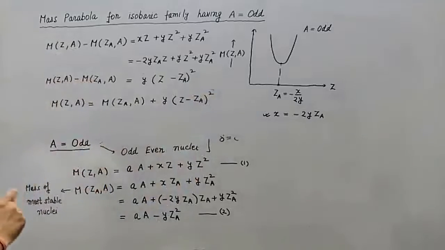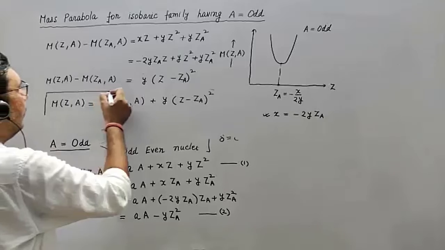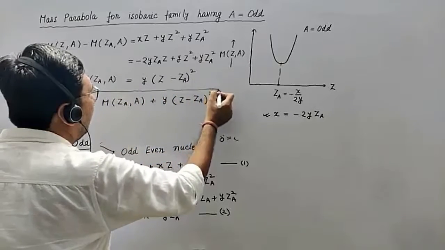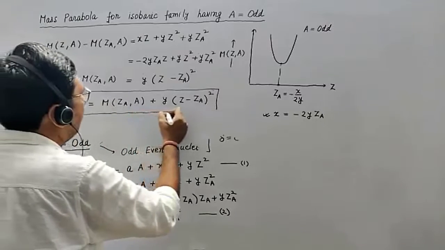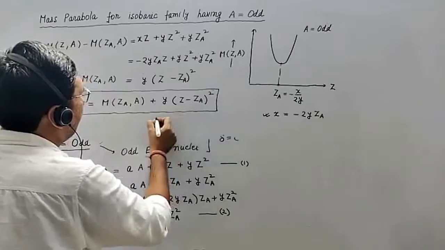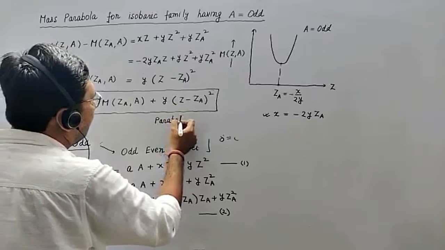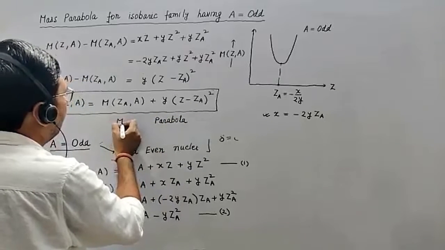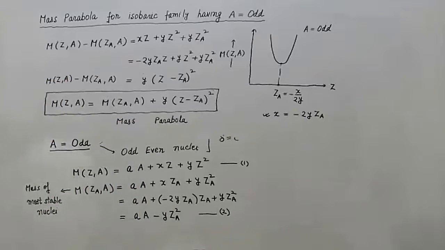From here you can observe that the mass of the nuclei in an isobaric family can be written in this form, and this is the equation of a parabola, known as the mass parabola for the isobaric family having A equal to odd number.